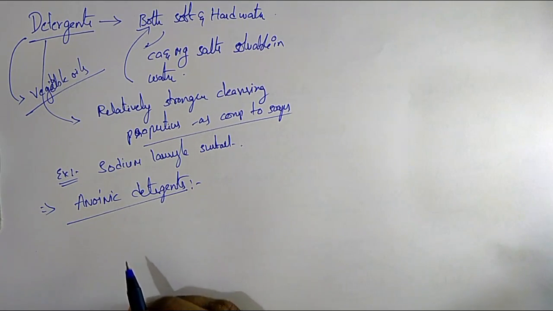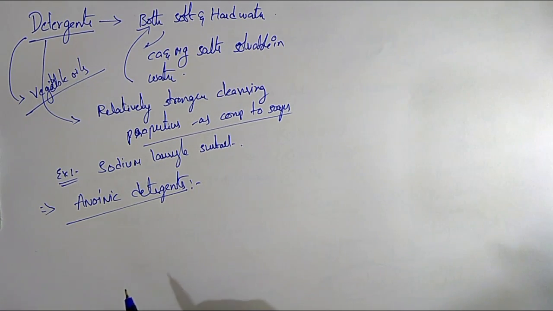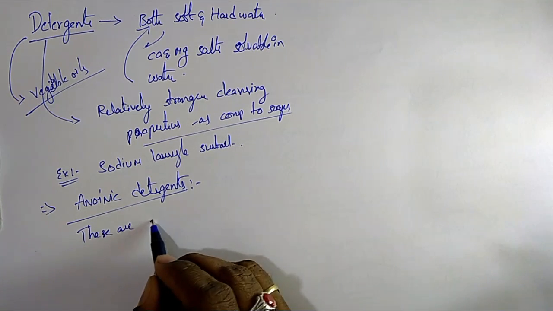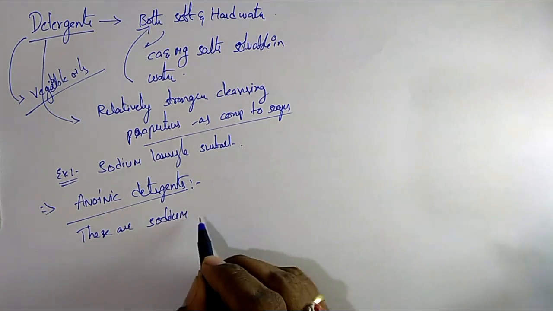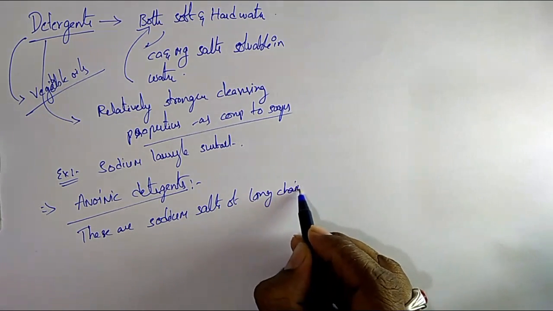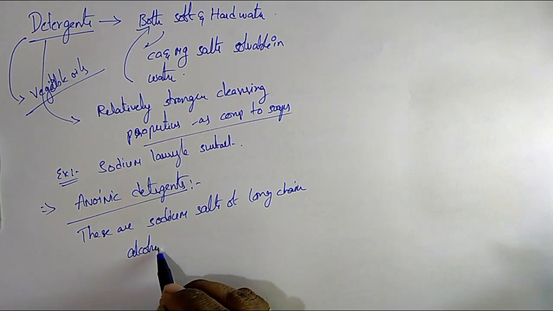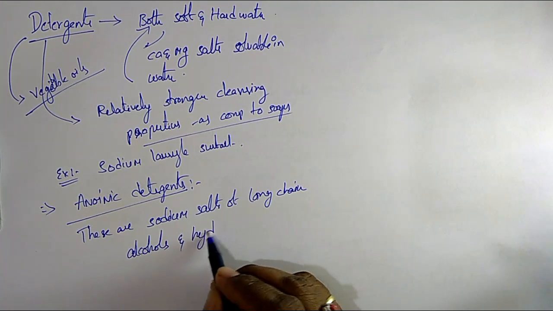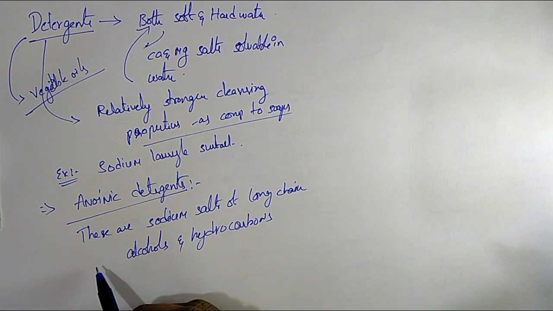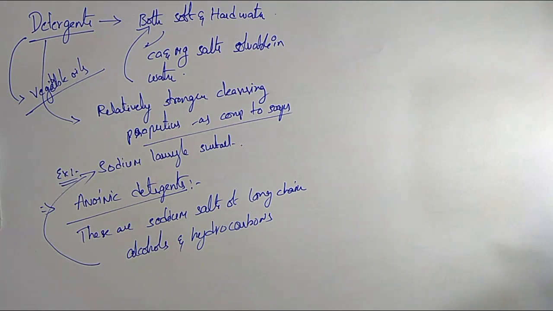Anionic detergents are sodium salts of sulfonated long chain alcohols or hydrocarbons. An example of these anionic detergents is sodium lauryl sulfate, and these are used for household work.